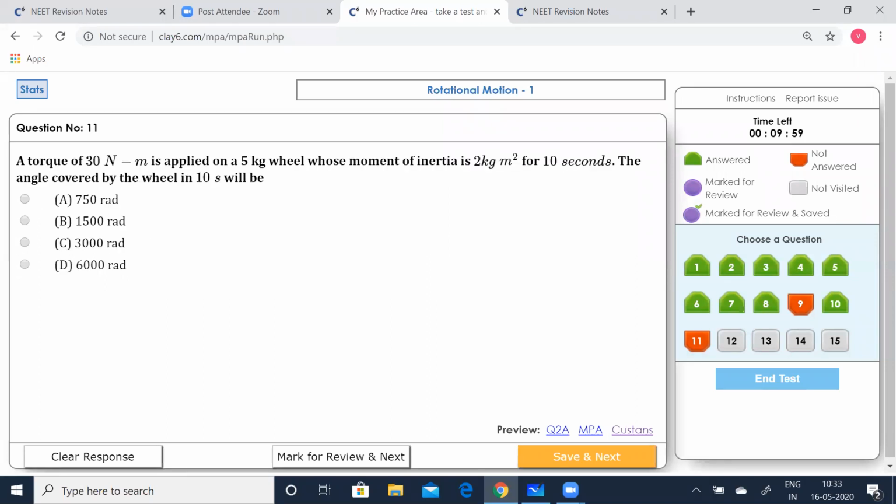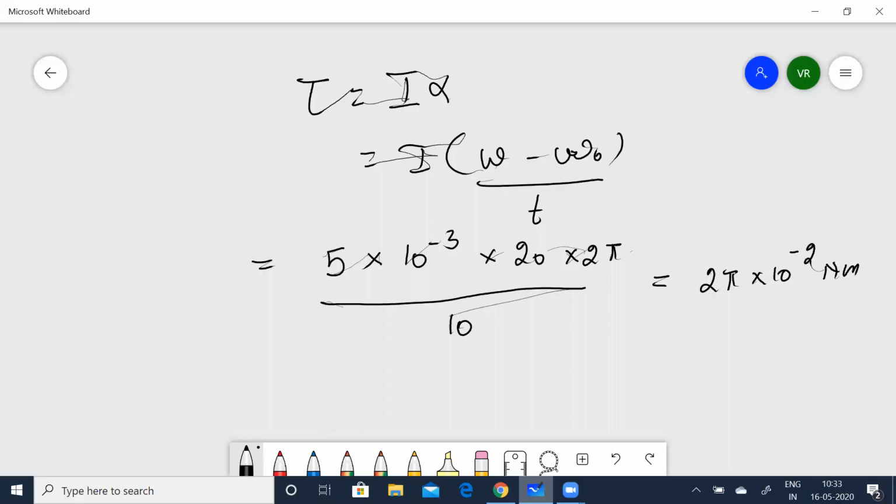A torque of 30 Newton meter is applied on a 5 kg wheel whose moment of inertia is 2 kg meter squared for 10 seconds. The angle covered by the wheel in 10 seconds will be? That's pretty easy.